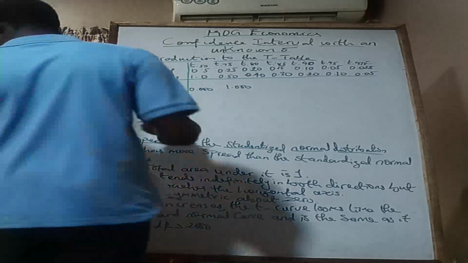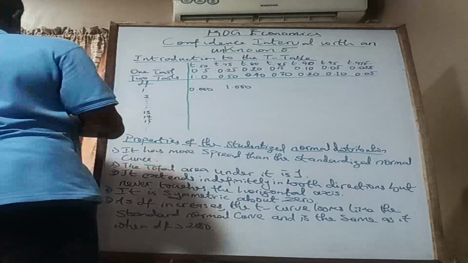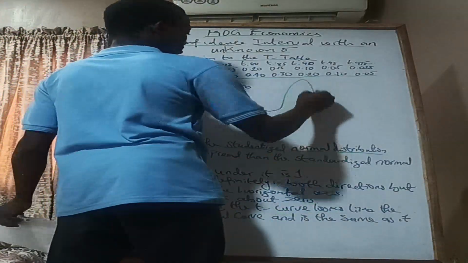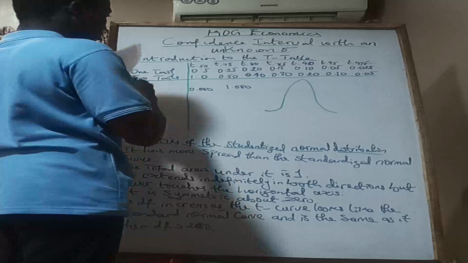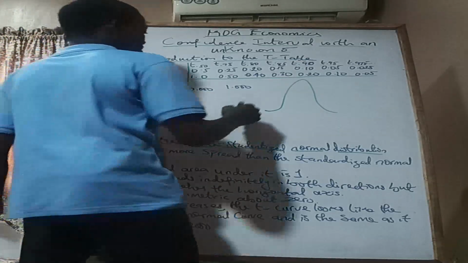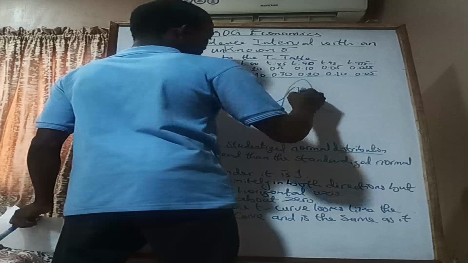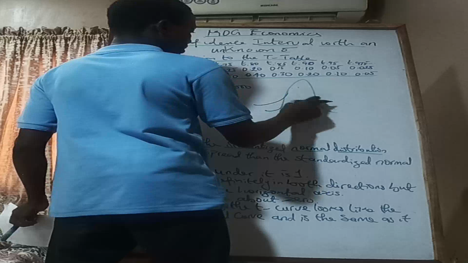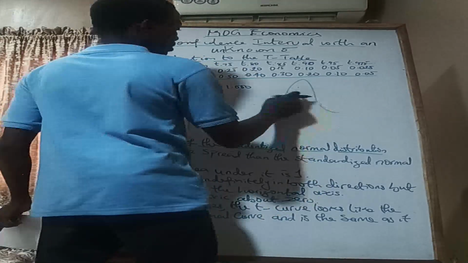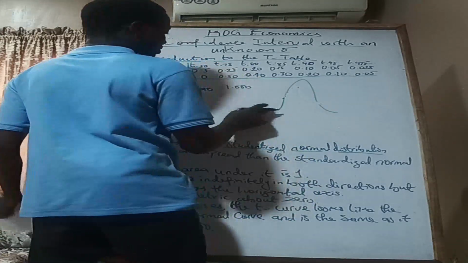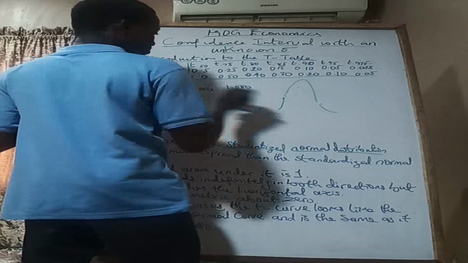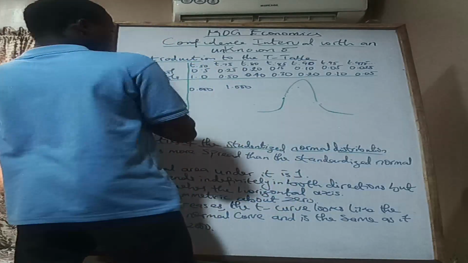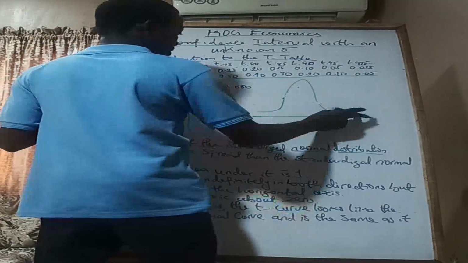So let's say this were the standard normal curve, and this would be the studentized one. I've drawn a beautiful nonsense. The tail is actually like this, as if it's going to touch the axis, but it's never going to touch it.